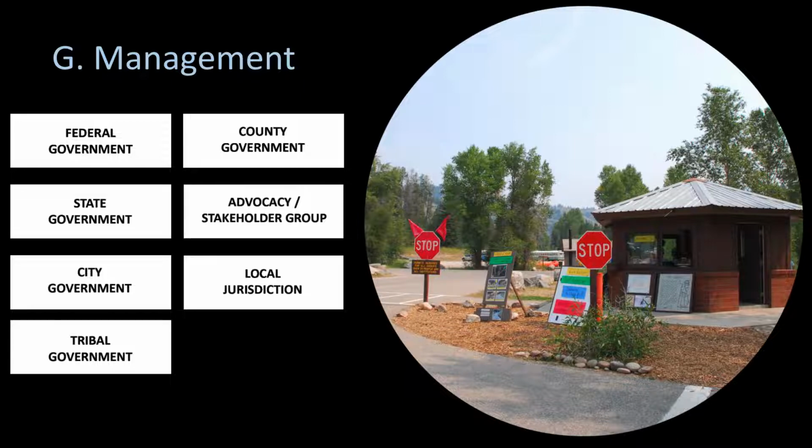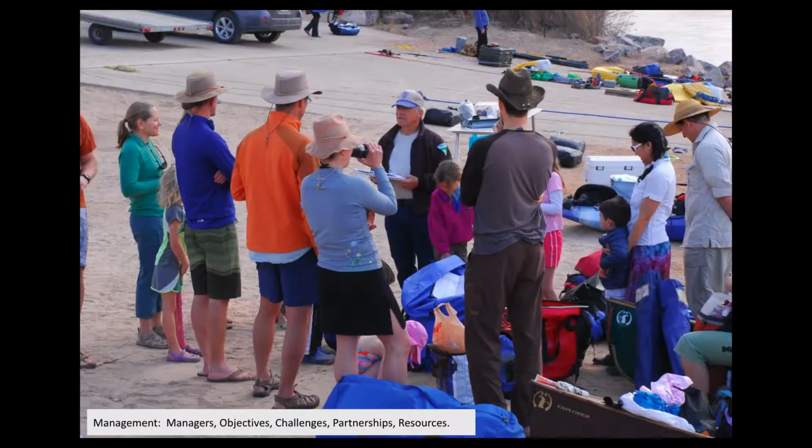Here you have the Snake River in Alpine Canyon, where the Forest Service is there with their little kiosk, engaging with visitors to the river and helping direct some of the activity and use that's happening there. In other places, you don't have that level of management. So how does that factor into your site design and what you're able to do?